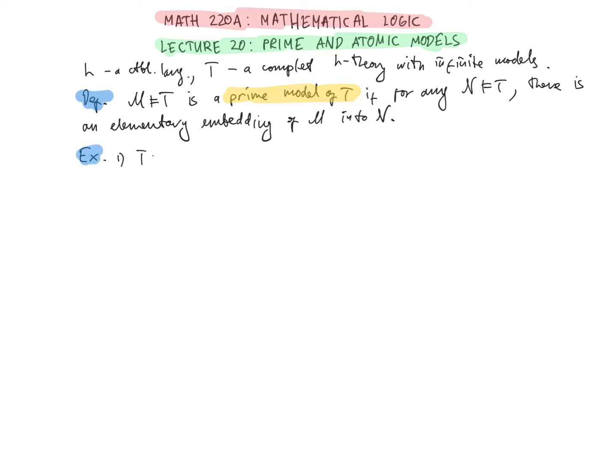One, assume that T is the theory of algebraically closed fields of characteristic 0.